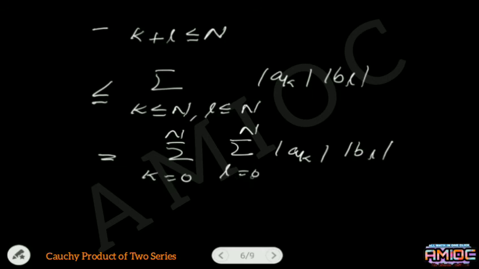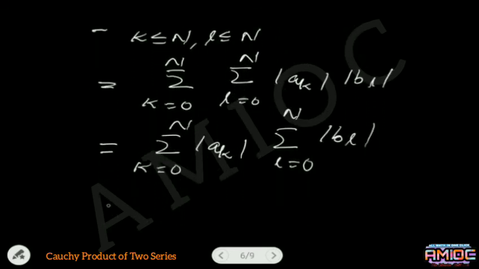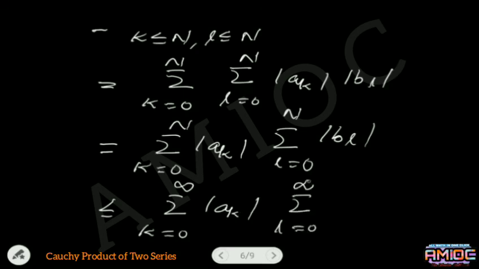Here the sum varies on the index l and the index of a is k. Therefore, mod ak can be taken outside this sum. Then that is equal to summation k equal to 0 to n mod ak, summation l equal to 0 to n mod bl. That is less than or equal to summation k equal to 0 to infinity mod ak into summation l equal to 0 to infinity mod bl.